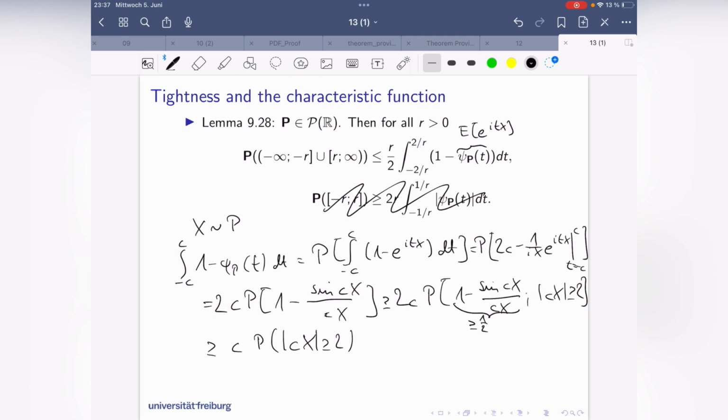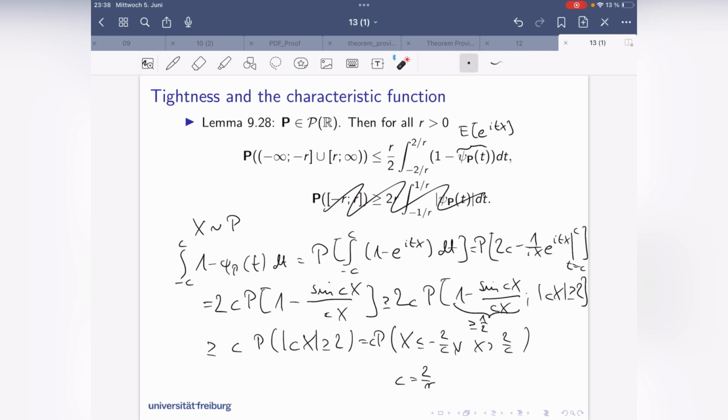Well, so that's c times P of X smaller or equal than minus 2 over c or X bigger than 2 over c, like this, which is exactly this here if we choose c to be 2 over r.